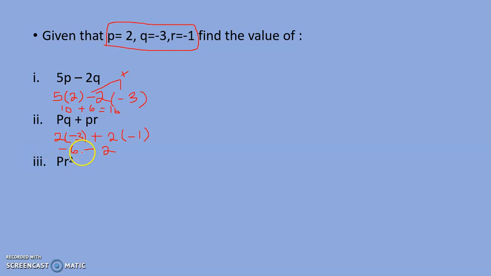So since we have -6 and -2, we add -6 plus -2, which gives you 8. But not just an 8, you keep the sign of the largest number. In this case, the largest number is 6, and in front of 6 we have a negative. So our result will be -8.